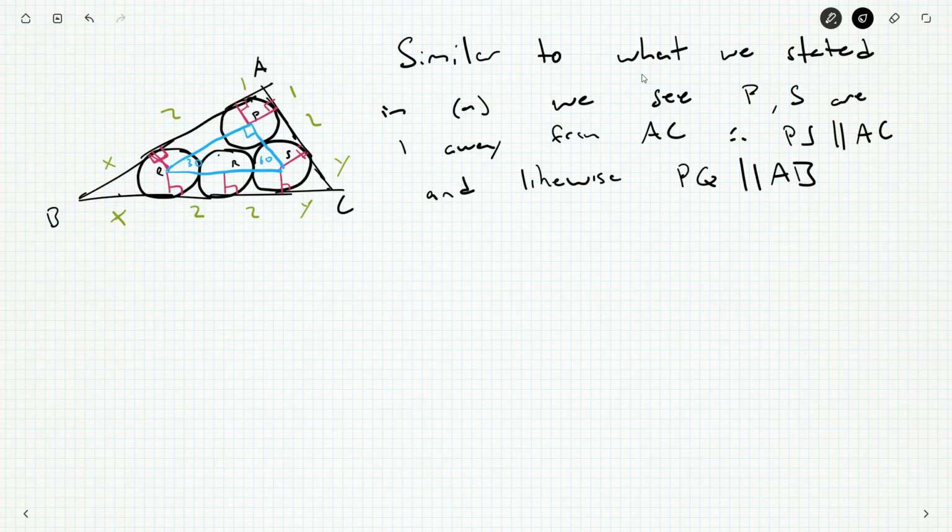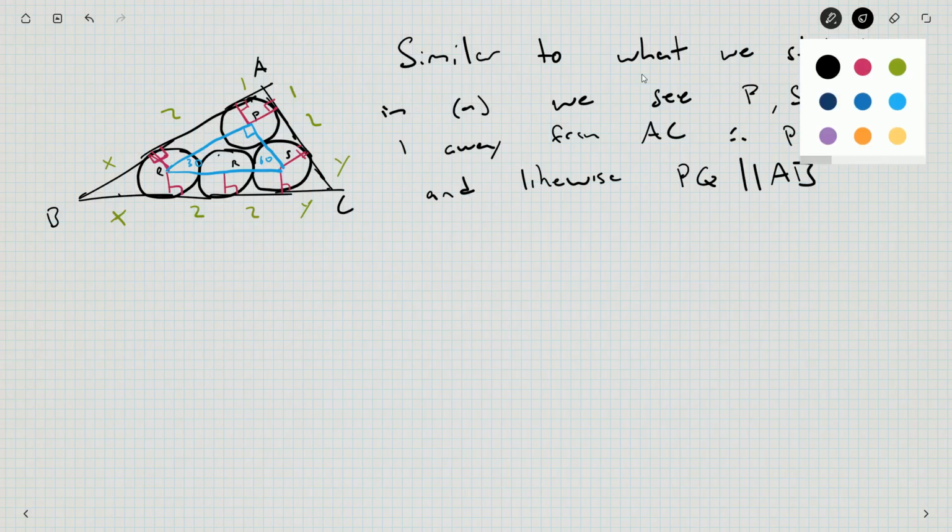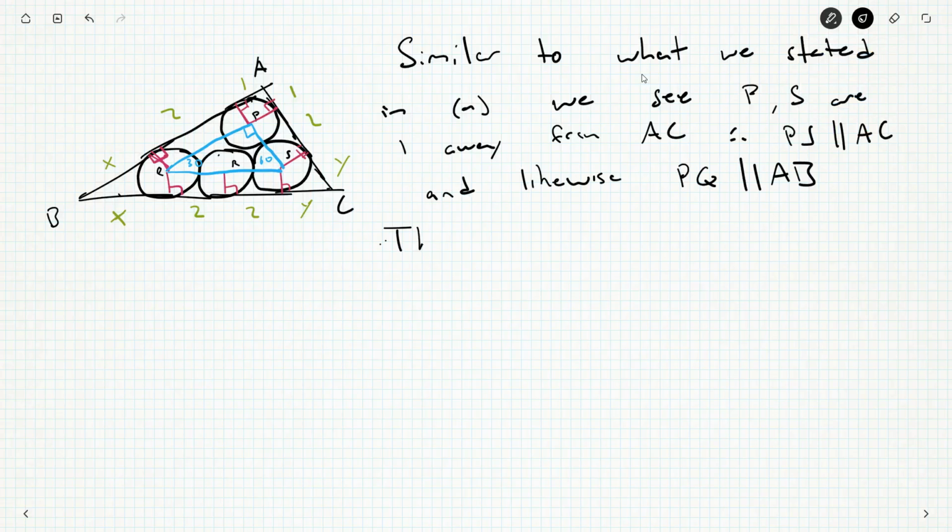So, and we already know that QS is parallel to BC. So, these guys, thus ABC is similar to PQS.